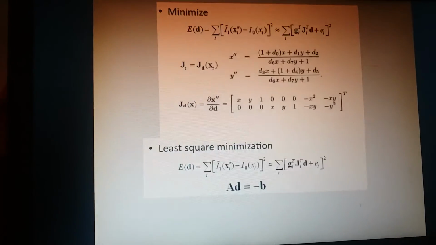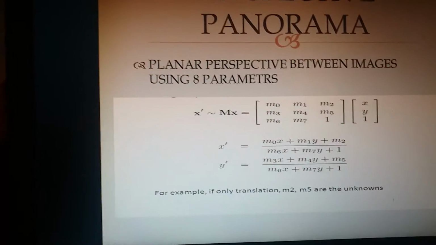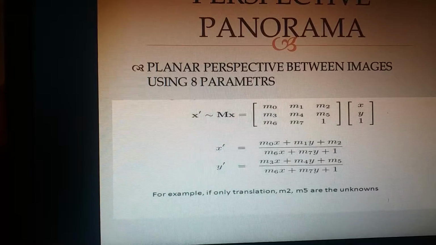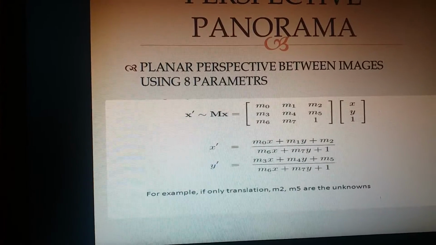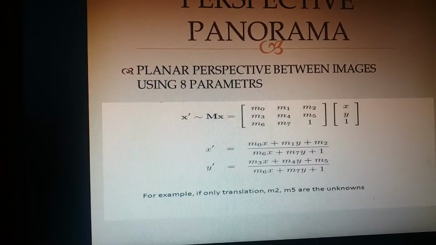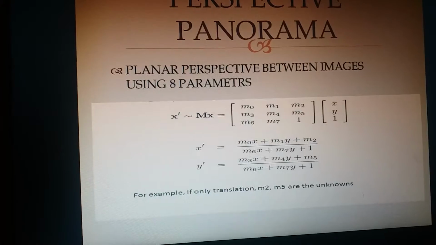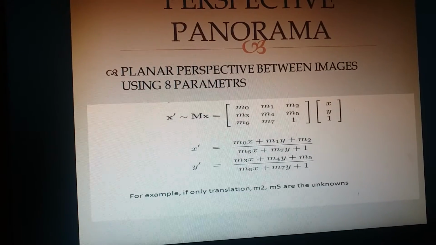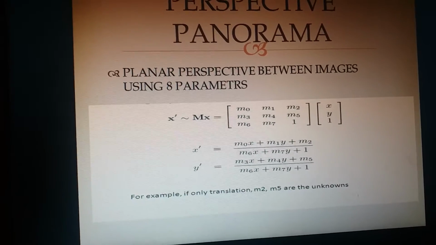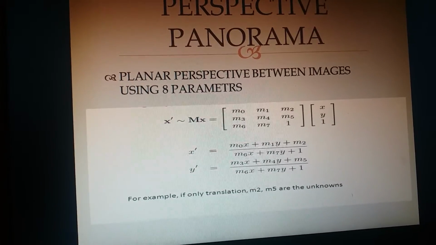I'll show you the matrix over here. Yeah, m0, m1. So it is somewhat related to the rotational matrix, which is R00, R01, R02, f0, R10, R11, R12, f0, R20 by f1, R21 by f1, R22, f0 by f1.